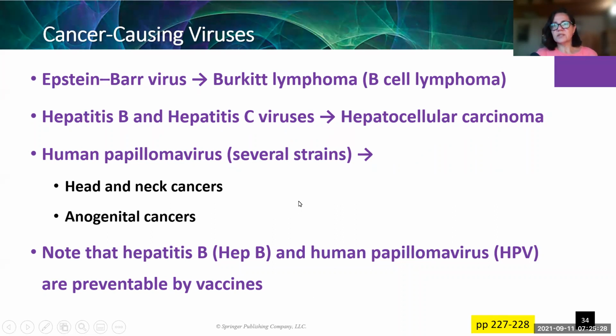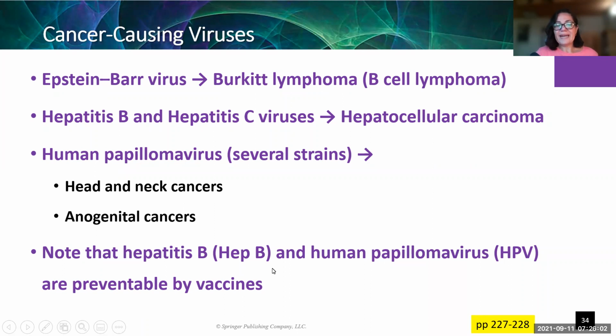This is what's being checked for when you take a scraping of cervical cells and check every year for younger women, the Pap smear. What you're looking for is dysplasia in those cells. And largely the dysplasia that can occur, you can trace it back to the presence of the HPV virus, the human papilloma virus.